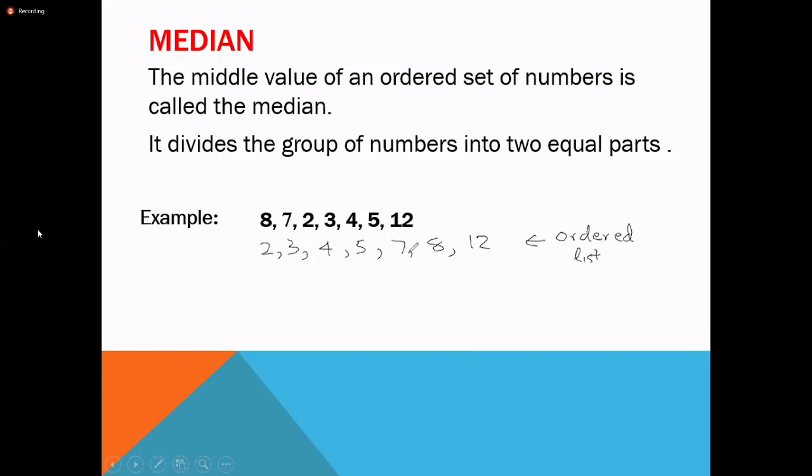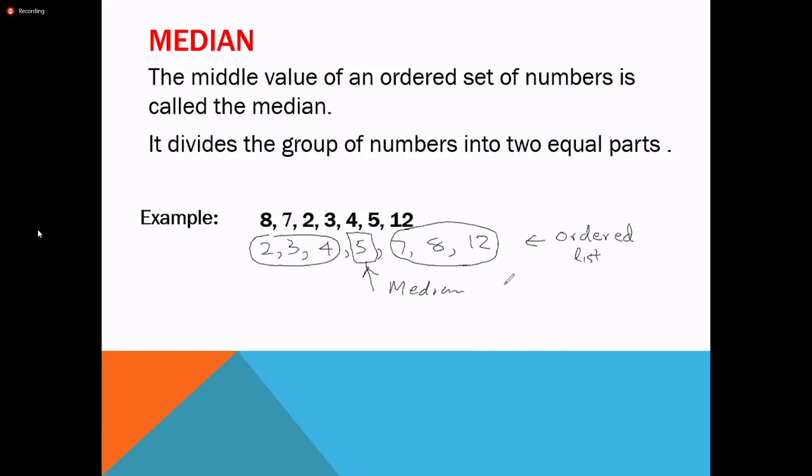Then go to the middle value here. There are 7 numbers. Then we have these 3 numbers lower than that value, and these 3 numbers above it in the list. Then this is the mid value. So this is the median.